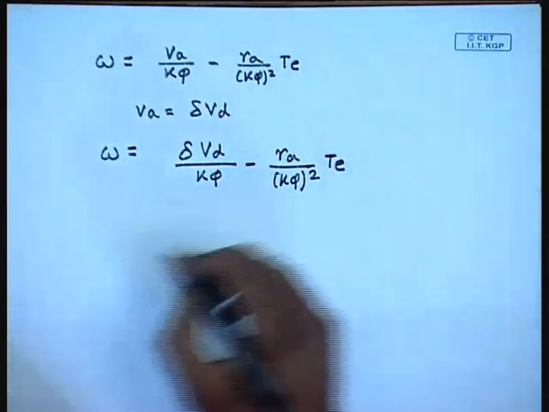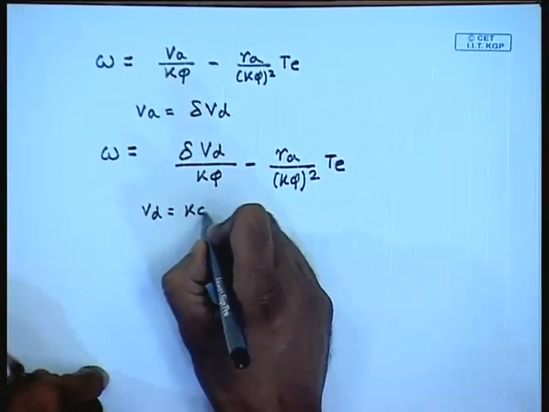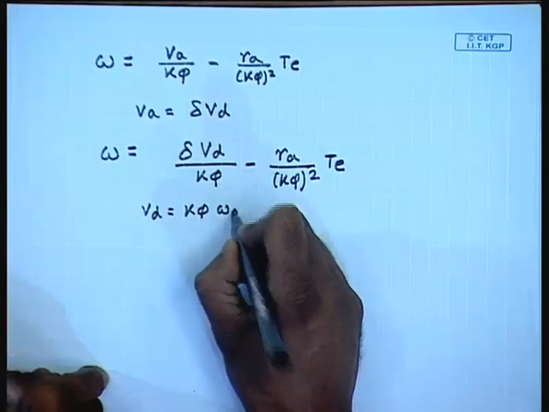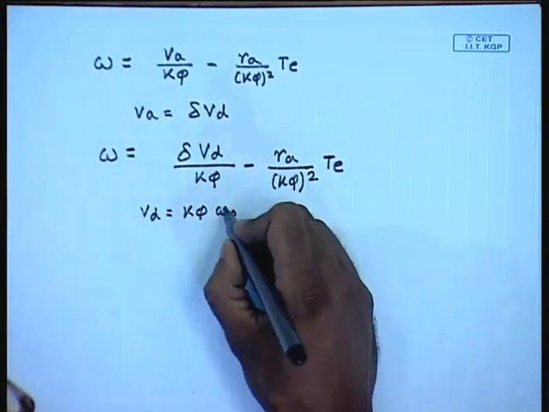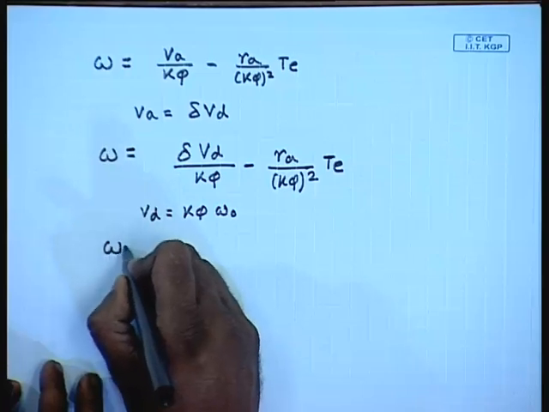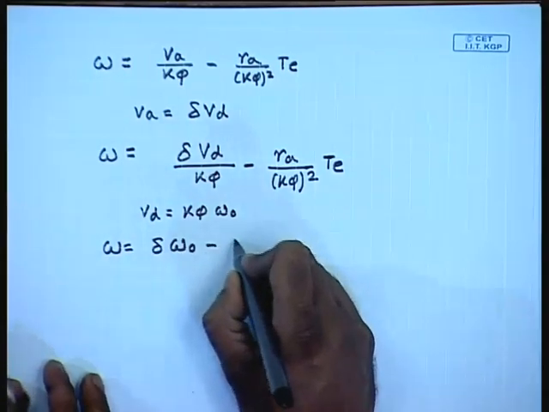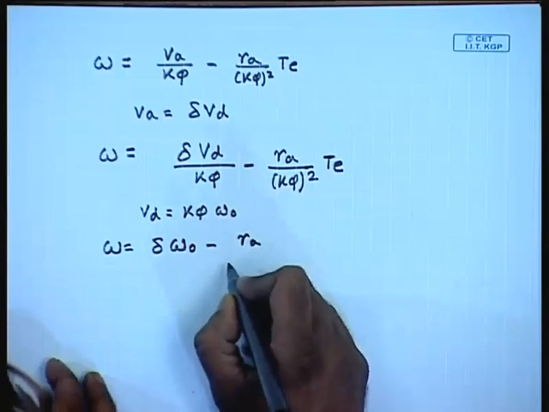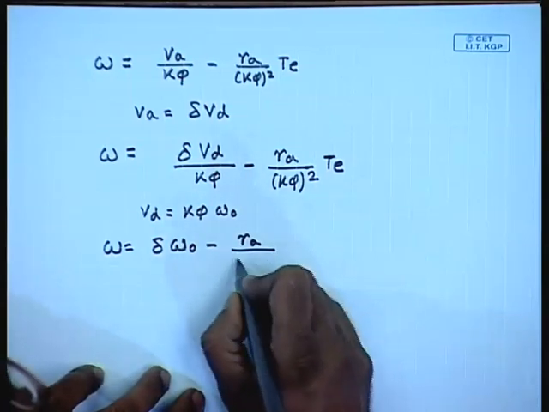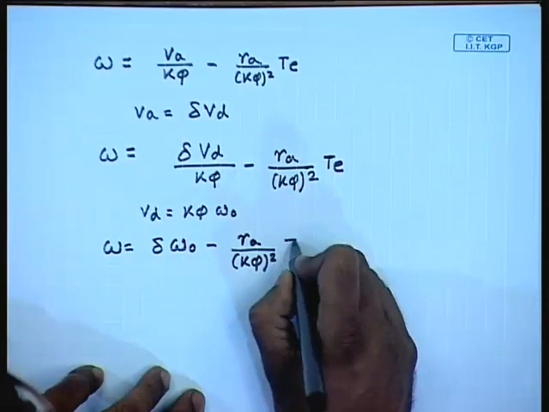So, in other words, if we say Vd equal to K phi omega 0, where omega 0 is the rated no load speed of the DC machine, then we can write omega equal to delta omega 0 minus Ra by K phi square Te.